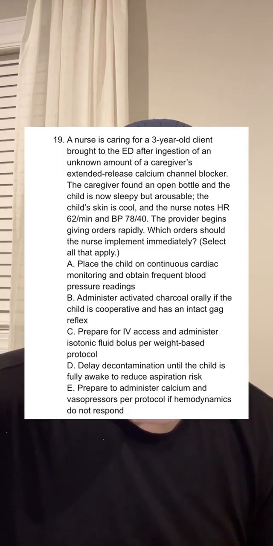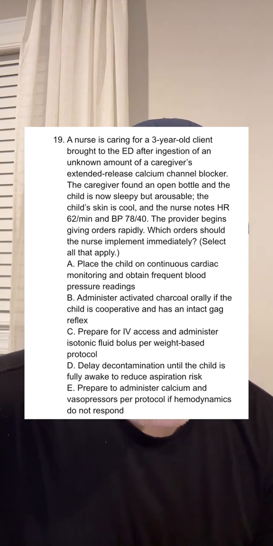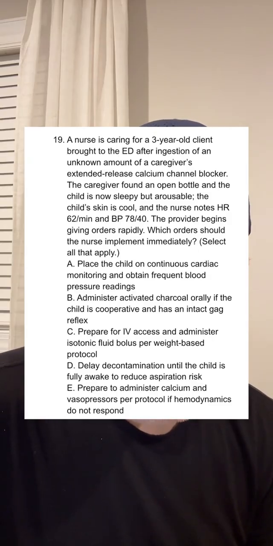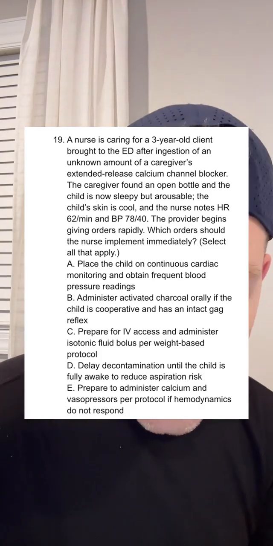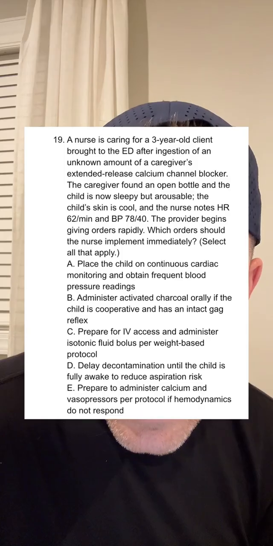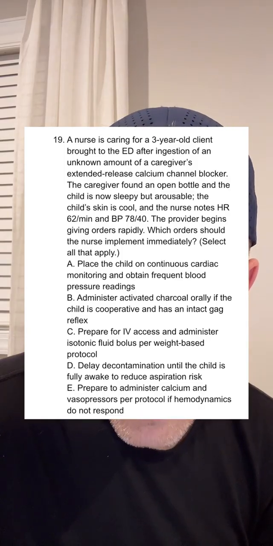B is going to be incorrect here because charcoal can be considered early, but in a sleepy child with instability, it's not the immediate priority and actually will increase aspiration risk. So that is why B is not going to be appropriate here.